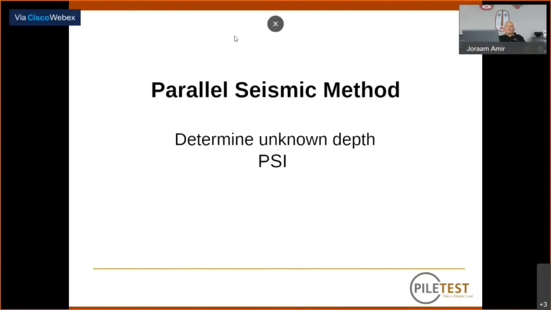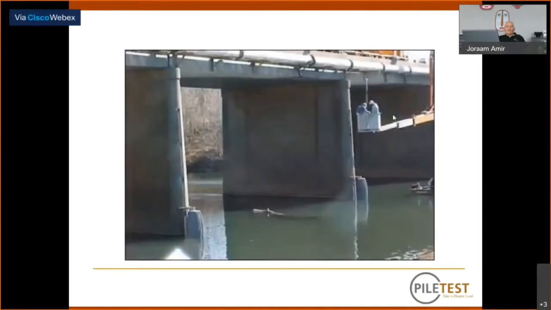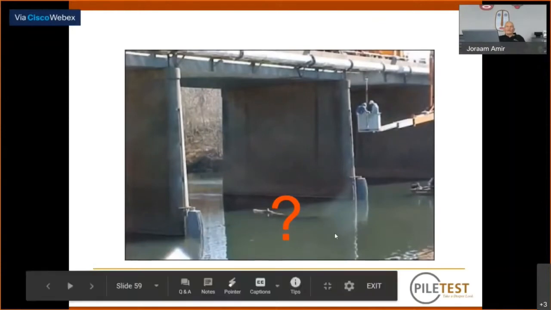I think the last system which I'm going to present to you is the Parallel Seismic system, the PSI. It determines unknown and unseen piles. Here you have a bridge. We have a discussion in our office if this is a crocodile or just a piece of floating wood.